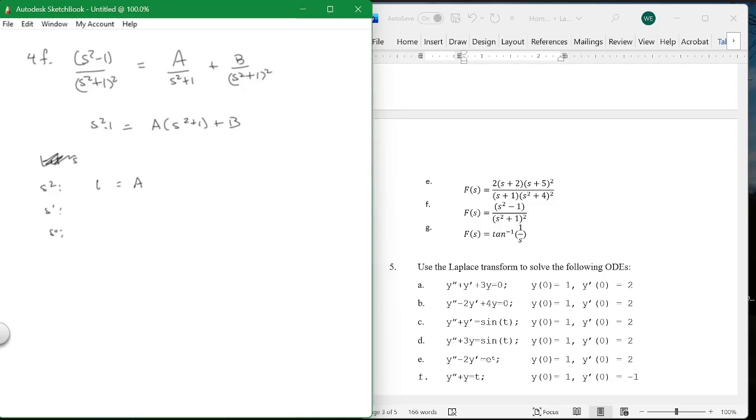All right? And then there are no s to the 1 terms, so you can get rid of that. On the left, there's a minus 1 is equal to a plus b. There's an a term and a b term without any s's.